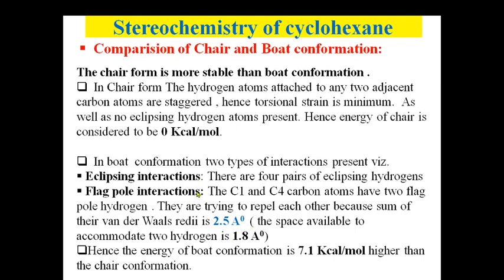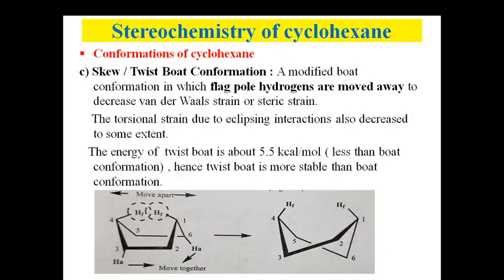Due to these two important factors, the energy of the boat conformation increases by about 7.1 kilocalorie per mole. And hence, if you are comparing chair and boat conformation, the chair form is more stable than the boat conformation. So remember that. Okay. Now let's see the next conformation.